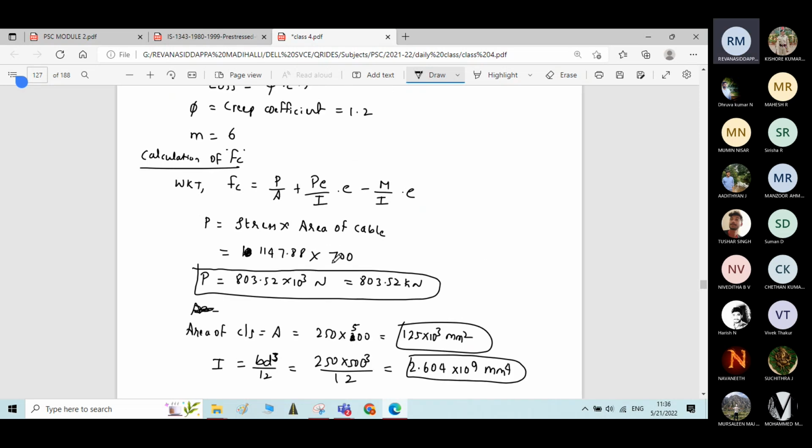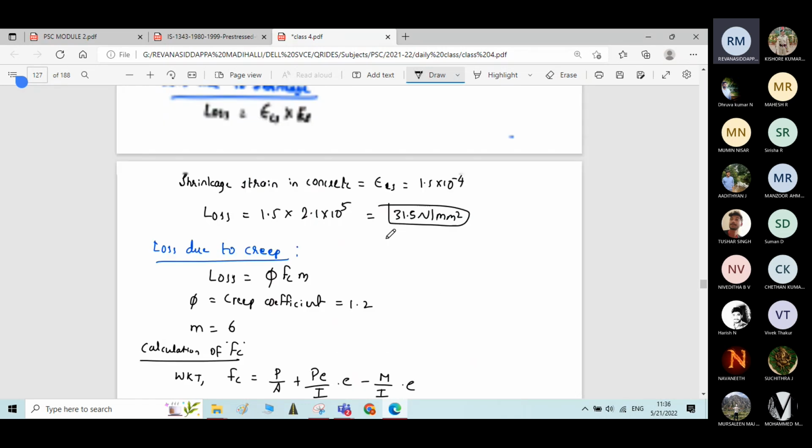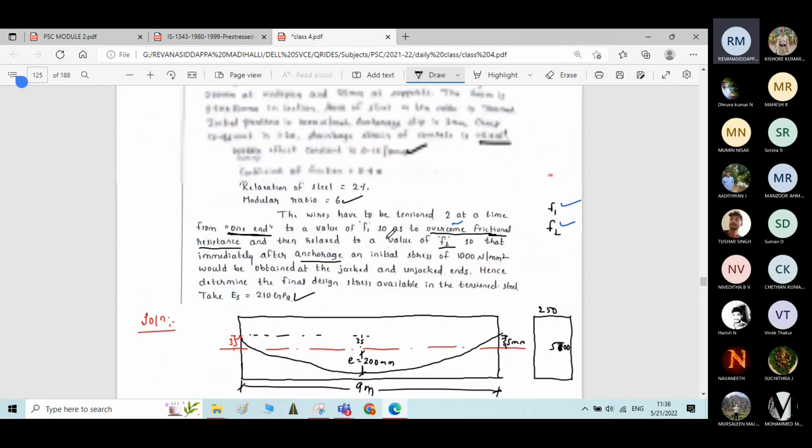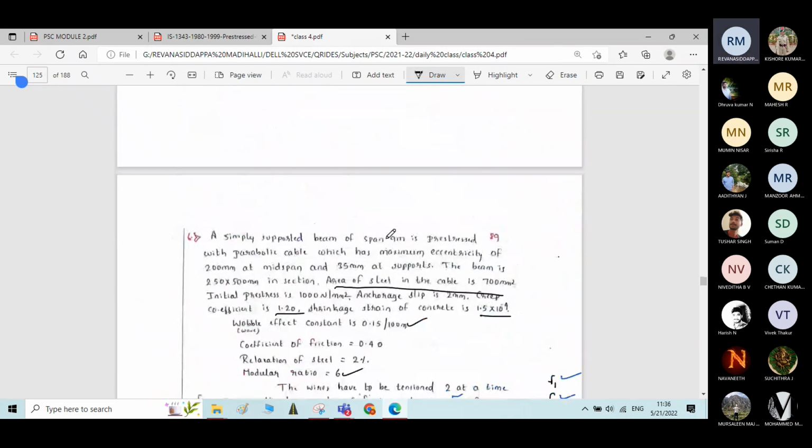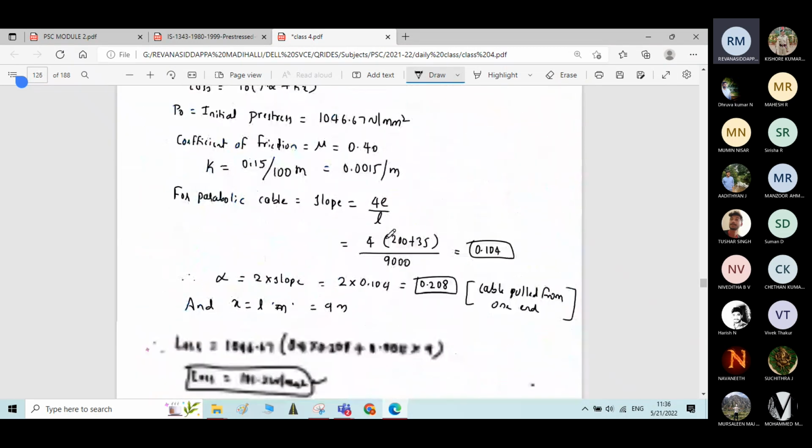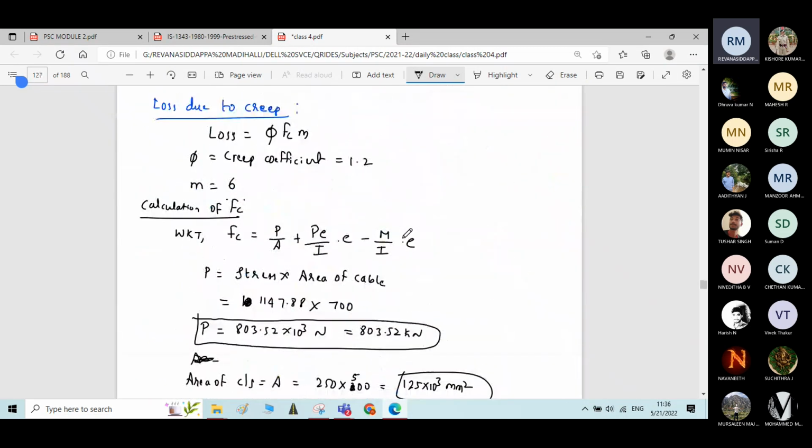Now moment of inertia you got. Then this moment M is also required, but loading condition on the beam is not given. Live load on the beam is not given. Therefore, we will ignore this moment effect. We will assume moment as 0.